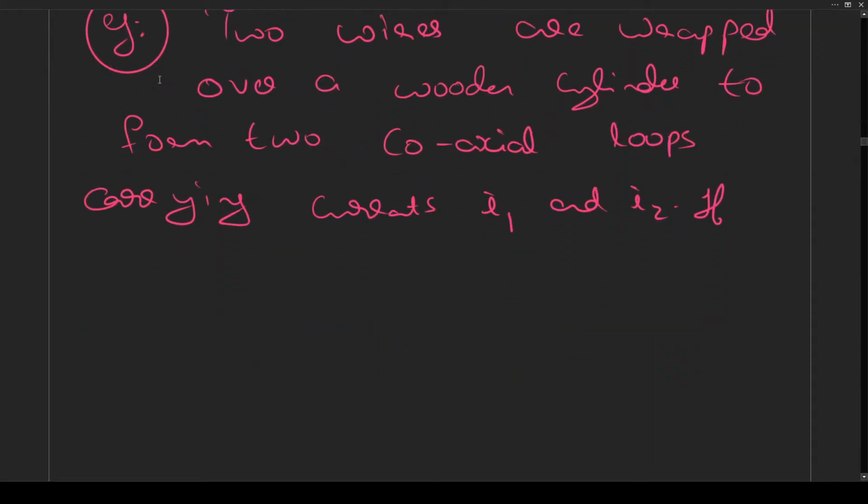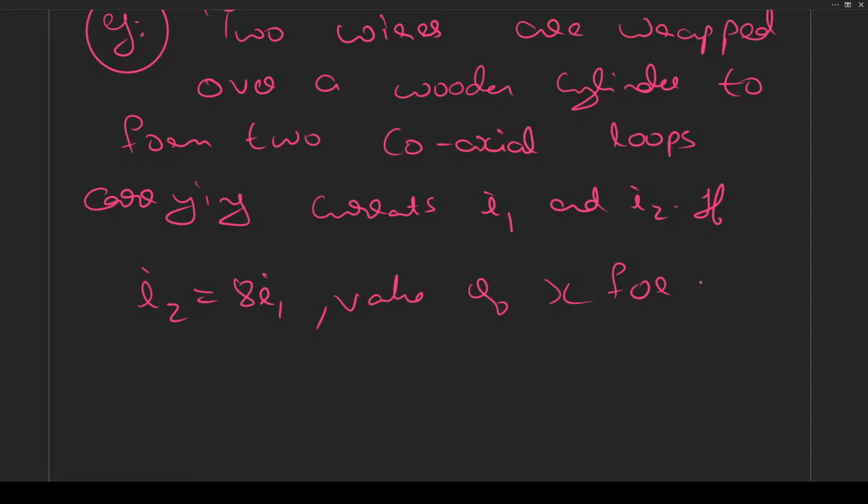If I2 is equal to 8I1, find the value of x for B equals 0 at the origin.